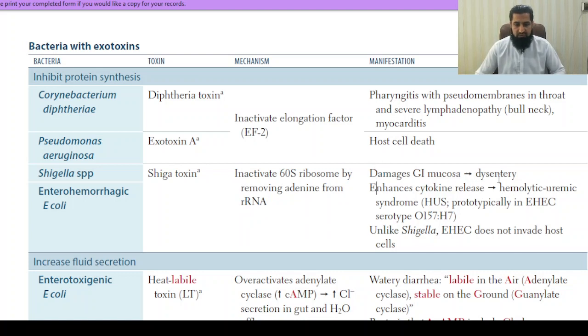The manifestation is damage to GI mucosa, which leads to dysentery and enhanced cytokine release. Cytokine release leads to hemolytic uremic syndrome, typically in EHEC. Enterohemorrhagic E. coli serotype O157:H7. Unlike Shigella, enterohemorrhagic E. coli does not invade host cells.